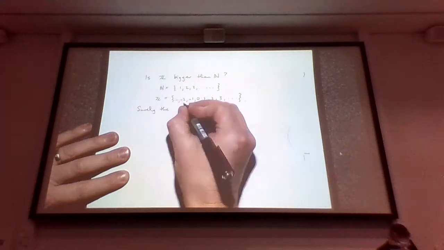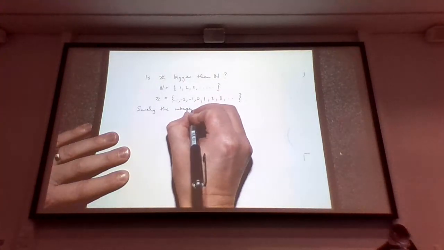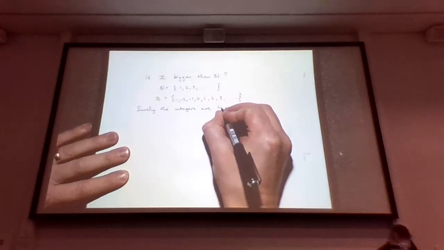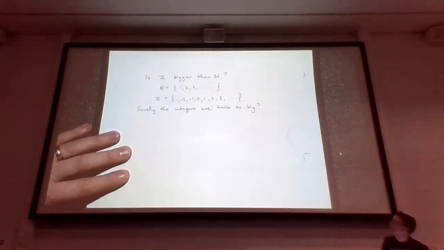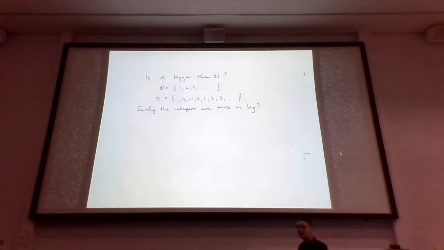Surely the integers are twice as big, because they have all the natural numbers in them, and then another whole copy of the natural numbers with negative signs attached. That's the kind of initial naive view that we might have had, the pre-Cantor view: yes, they're both infinite sets, but the integers, there's even more of them.